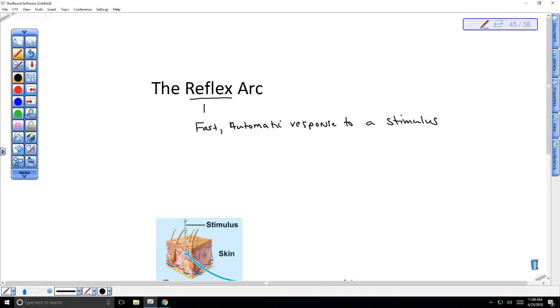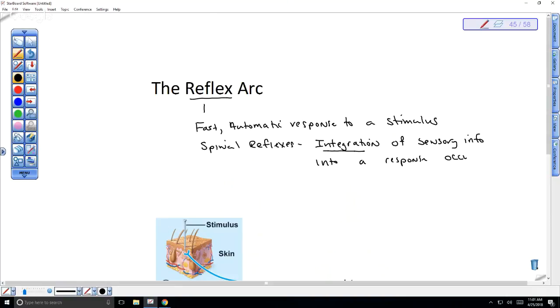And when we talk about spinal reflexes, we say that the integration of the sensory information into a response occurs in the spinal cord only.